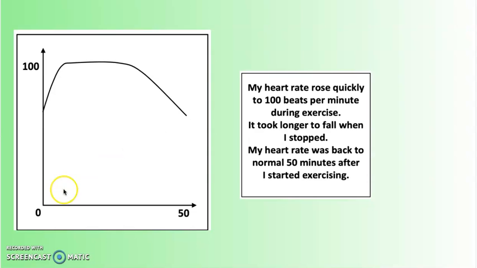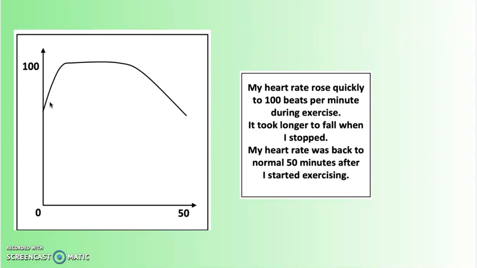If you think about it, the y-axis represents my beats per minute, and the x-axis is minutes. So it's time. As the time goes on and I'm exercising, my heart rate is changing and fluctuating. This is what we're doing: we are coming up with a scenario that fits a graph.